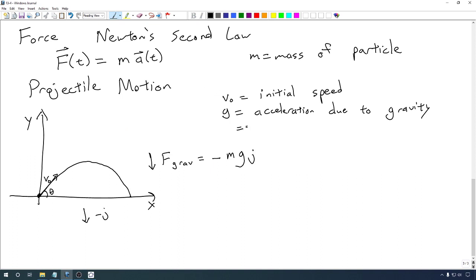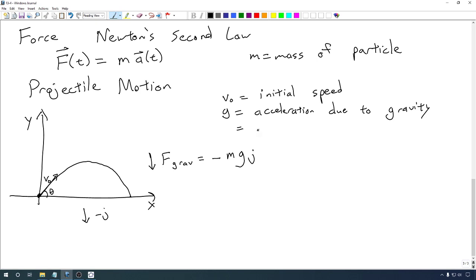Now, the acceleration due to gravity does depend on what planet you're on, and it actually depends a little bit on elevation as well, though usually that's not such a big effect on the scale of planets.